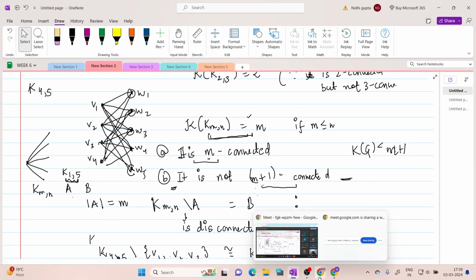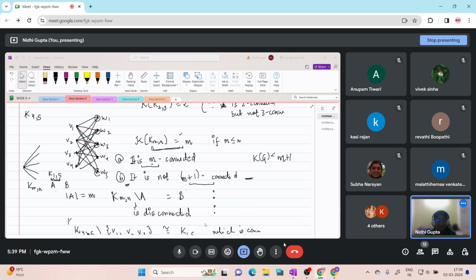So does everyone understand why the vertex connectivity of KMN is M when M is less than or equal to N? To say that vertex connectivity is M, we have to say that it is the largest K for which it is K connected. That is, it should be M connected and it should not be M plus 1 connected. So is it clear to everyone?